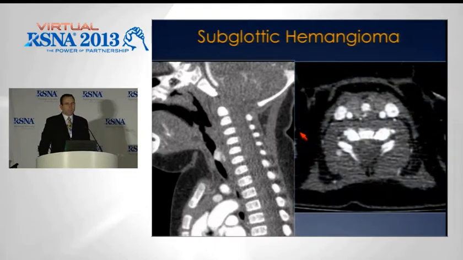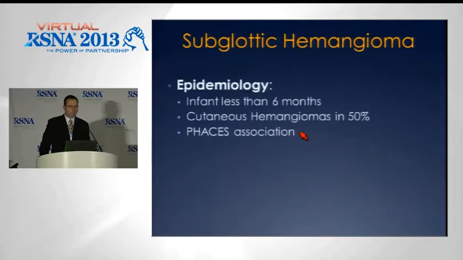One game that you don't want to play as a radiologist or as a physician in general is where is the airway. I see jugular, carotid, jugular, and in the middle, I see that subglottic hemangioma where the airway should be. This child actually did well. The epidemiology for subglottic hemangioma is infants less than 6 months.